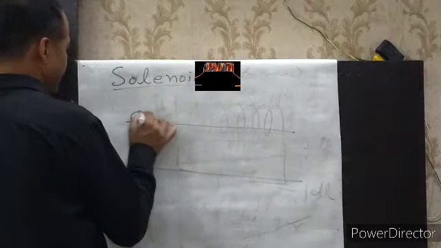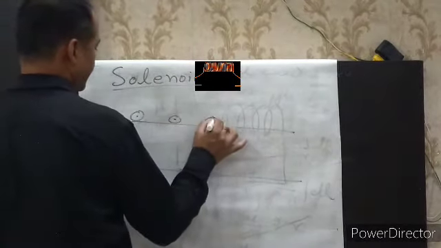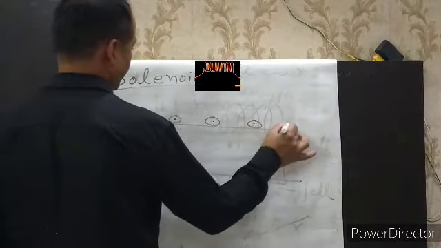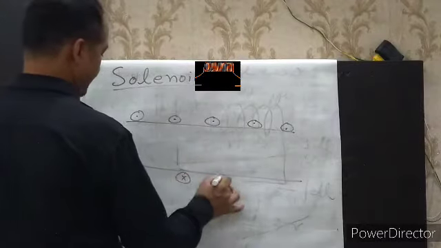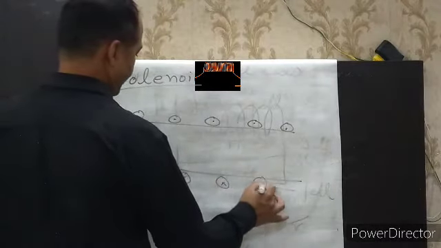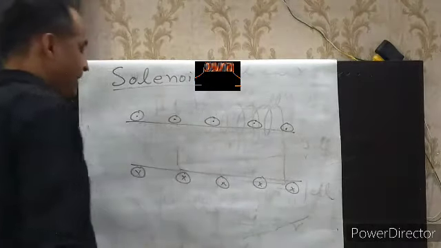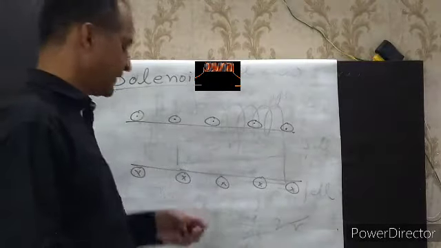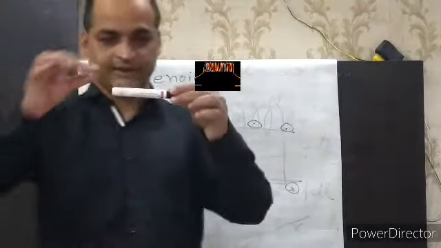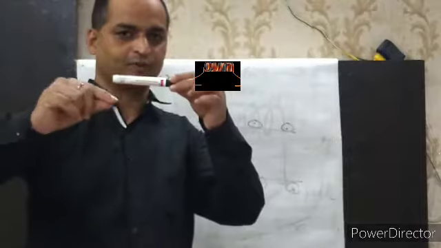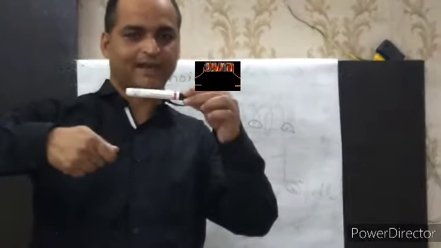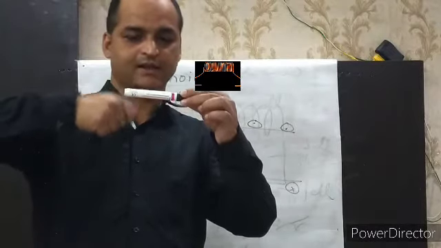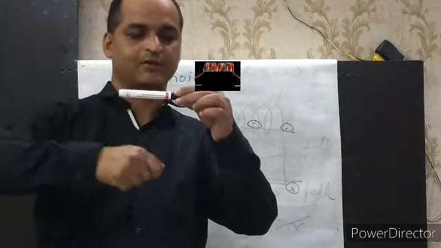Suppose these dots and these crosses are representing the wire. Dot outwards, cross inwards. If we wrap the wire like this: inwards, outwards, inwards, outwards.